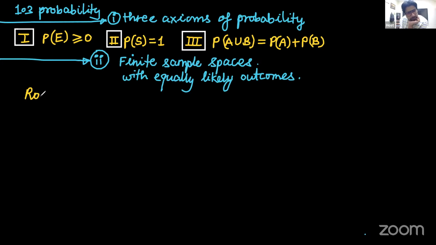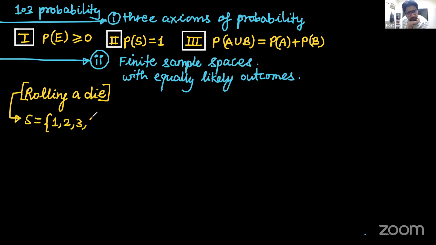if you consider rolling a die as a random experiment, it has a sample space that is finite. Only 6 countable elements are present. Moreover, they all have equal probability, which means they all have equal chances of turning up.